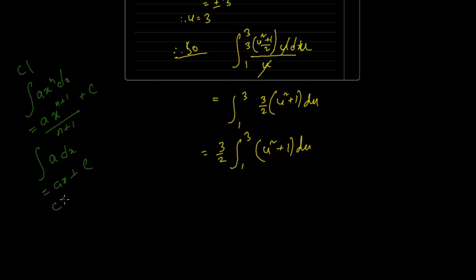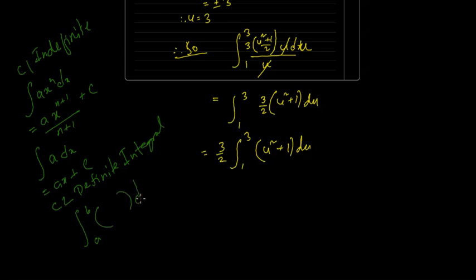This is called indefinite integral, first introduced in C1, and this is called definite integral, first introduced in C2. Definite integral is integral with a limit. You have some expression to integrate, and all you have is a limit, and the answer would be a number. So this is introduced in C2, and the basic concept of integration is introduced in C1. Let's get back here now.